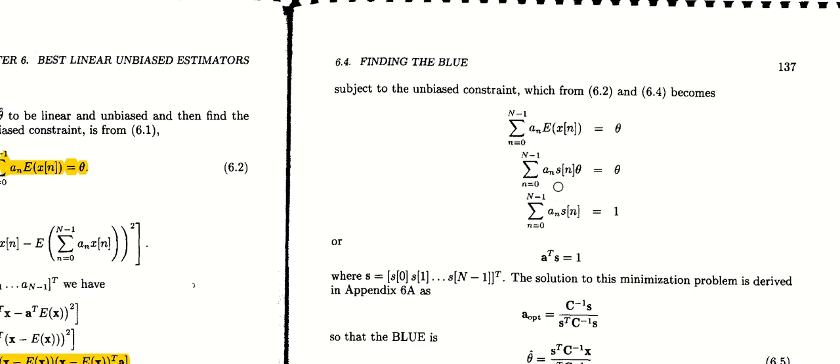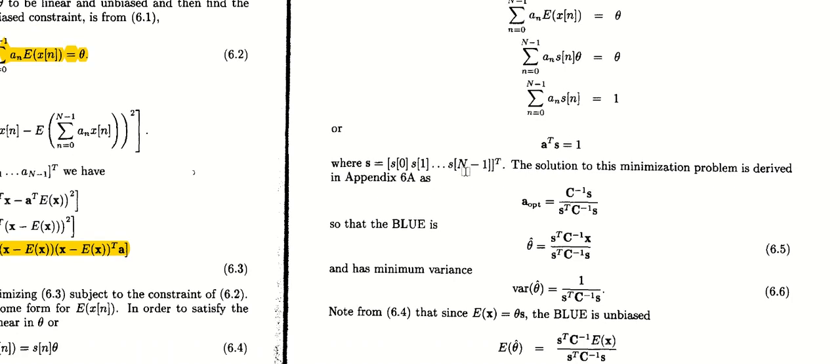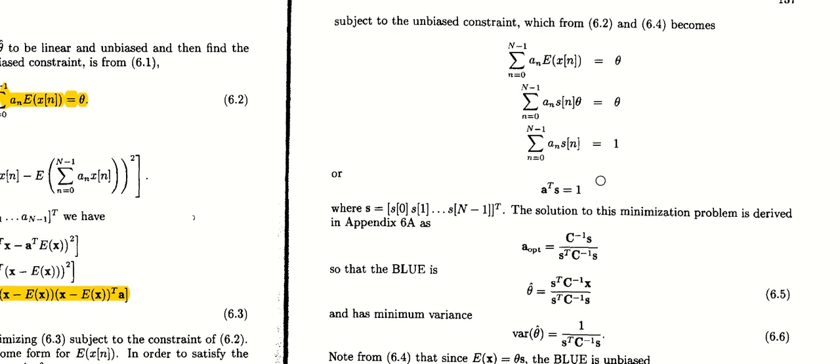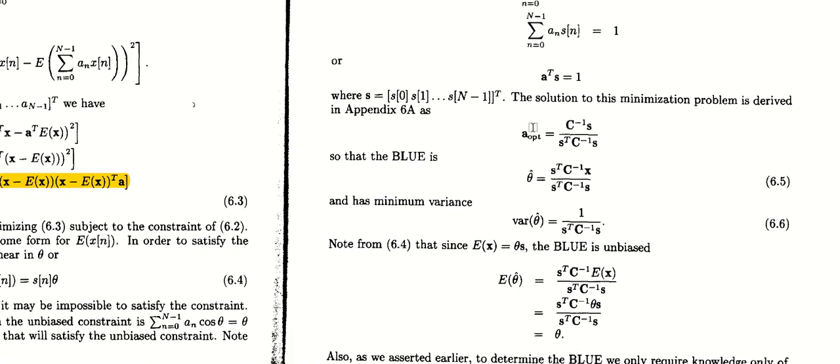It's just an objective with some constraints. The solution is derived in the appendix, but it is not difficult, because in optimization we solve a lot of difficult problems. So you have a_opt equal to C^-1 s over s^T C^-1 s. We solved a already.